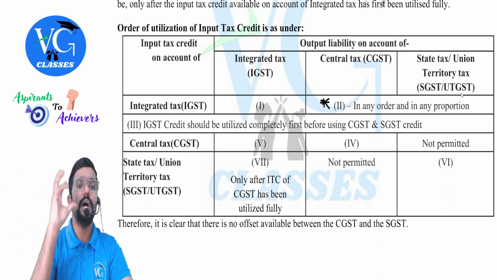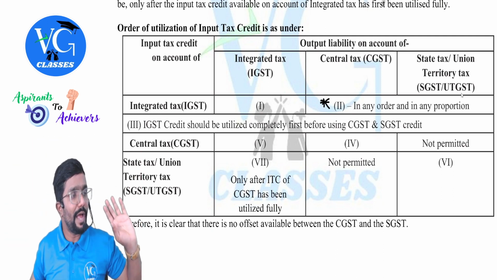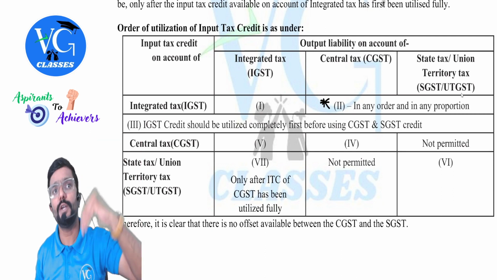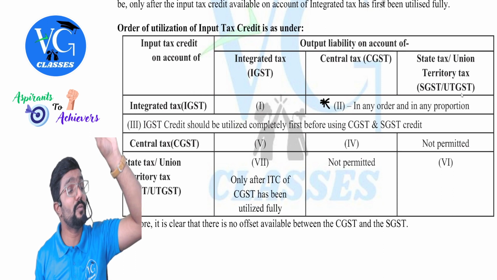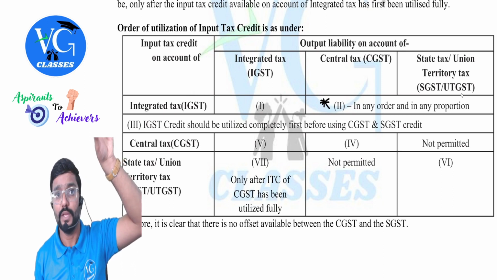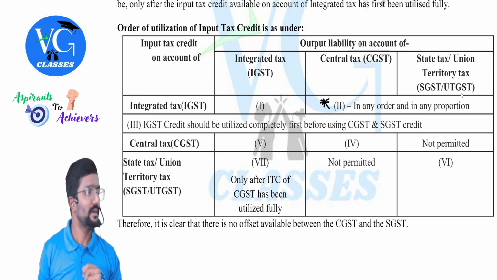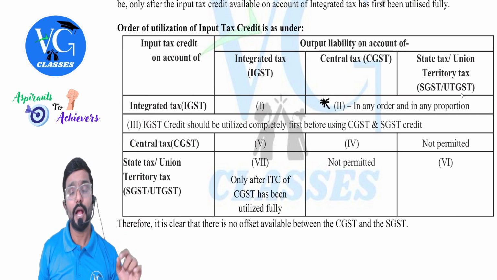Now, sir, assume I'm solving a question on adjustment of credit and all. Should I myself apply Rule 86B? No. If at all, you want to check, first check the monthly value of taxable supply. If it is more than 50 lakh, then you need to apply it. But they will not give more than 50 lakhs. You need not worry.